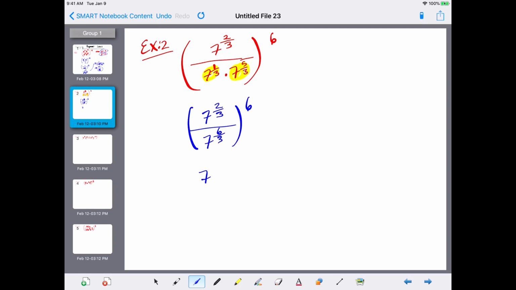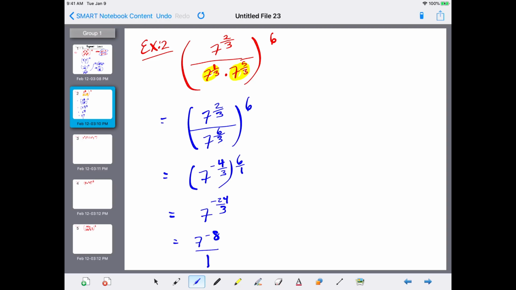So we'll be left with 7 to the exponent negative 4/3, all to the exponent of 6. And so now we can just apply our power of a power exponent law. So we can multiply. This is just the same thing as 6 over 1. So negative 4 over 3 multiplied by 6 over 1 is going to be equal to negative 24 over 3, which we know is just equal to negative 8, and all of that is over 1.